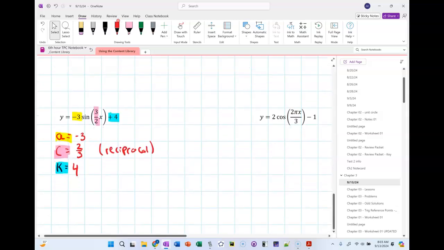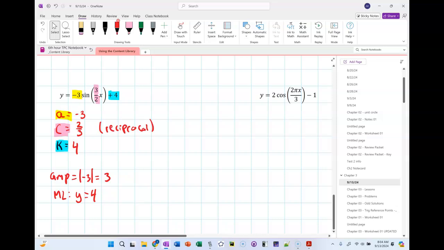Now that I have that identified, I can figure out my amplitude without even having to look at the graph. My formula for amplitude is the absolute value of a. So the absolute value of -3 is just 3. My midline is y equals k, and k is 4, so that's just y equals 4.